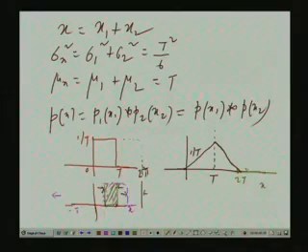Now, this is the actual probability density, but if I plot a Gaussian probability density with mean t and variance t squared by sigma, how does it look like?